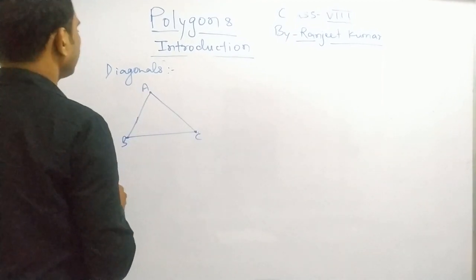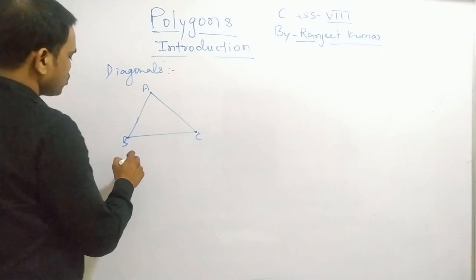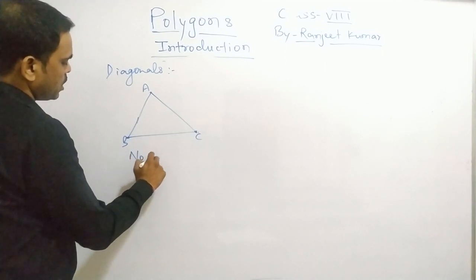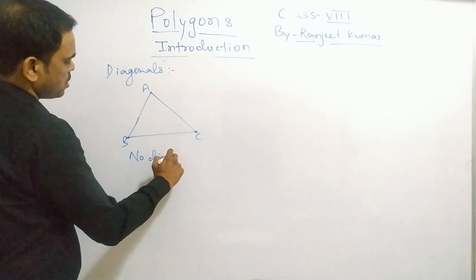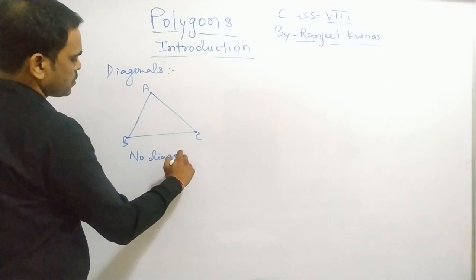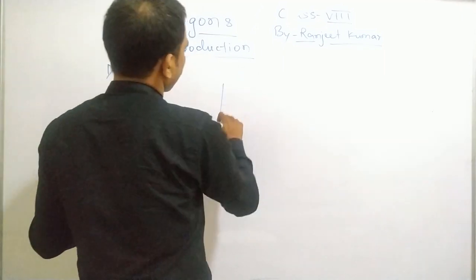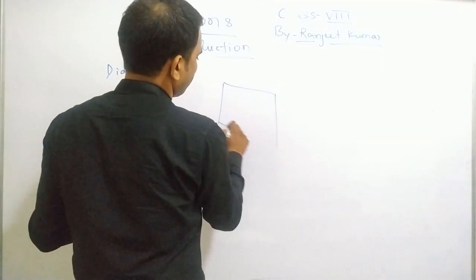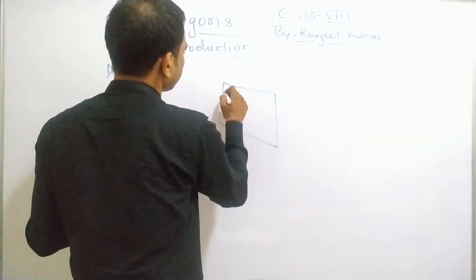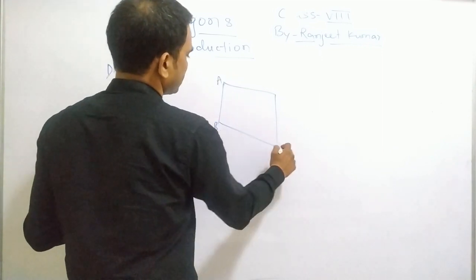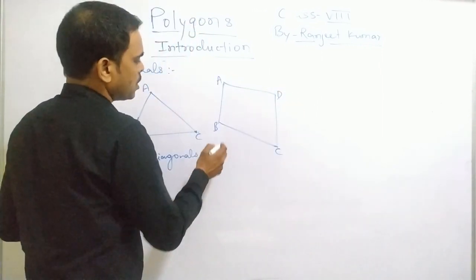So here no such thing is possible. So in this way, no diagonals are there.